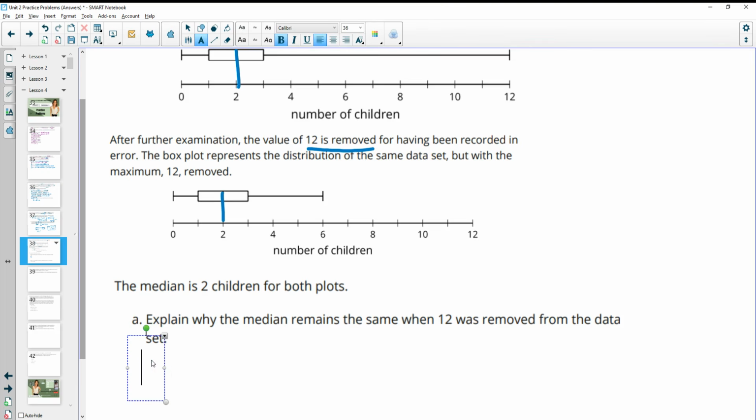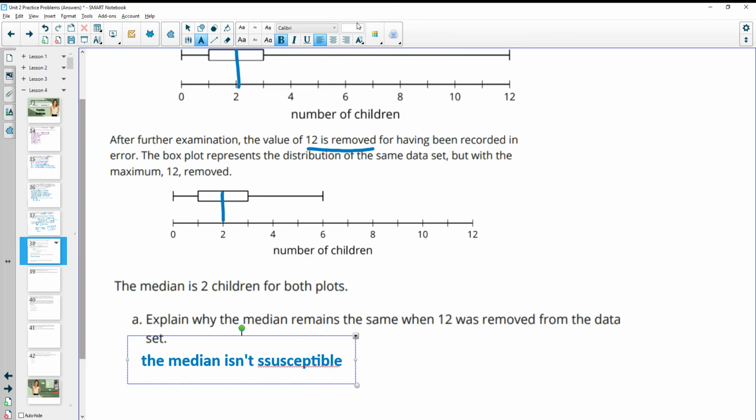So the median isn't as impacted by outliers as the mean.